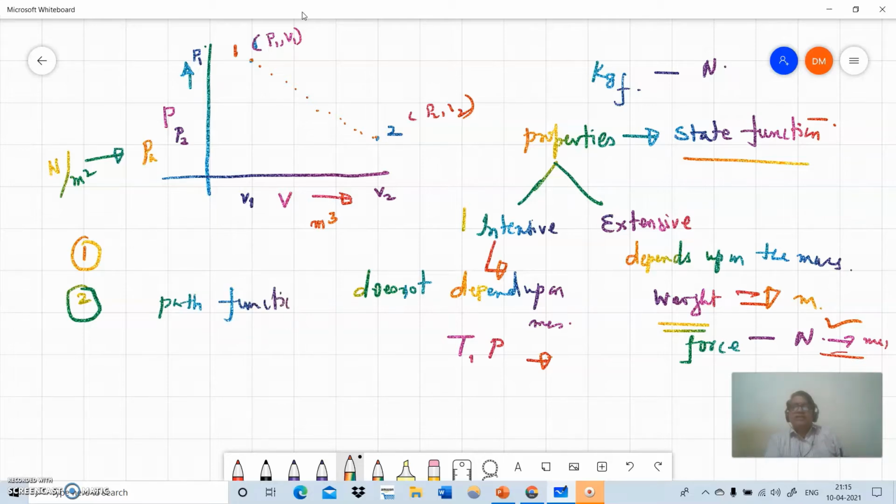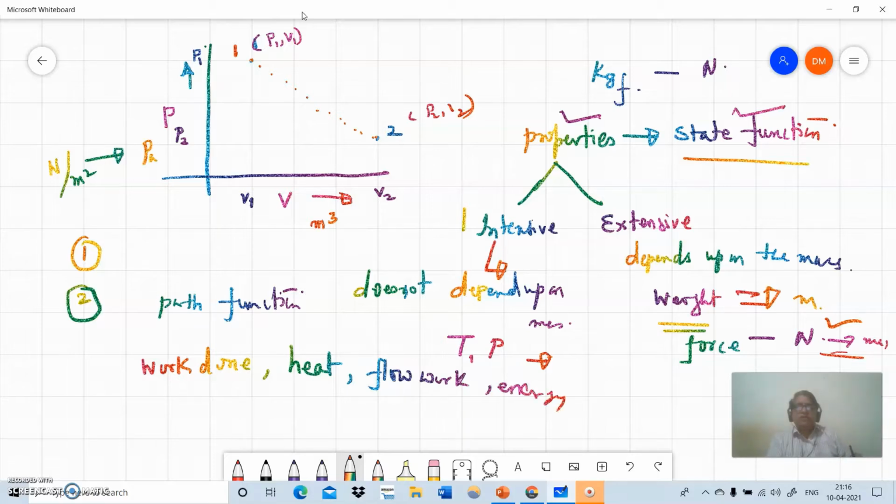As I said earlier, properties are state functions. Whereas if you take work done or heat or flow work, anything, energy. See, what are these things?